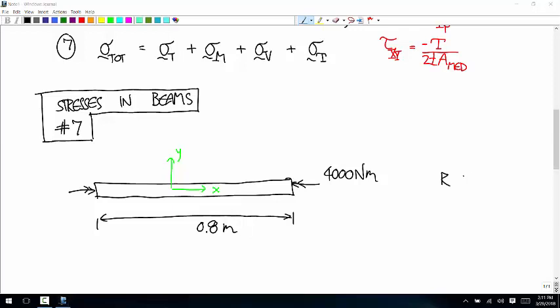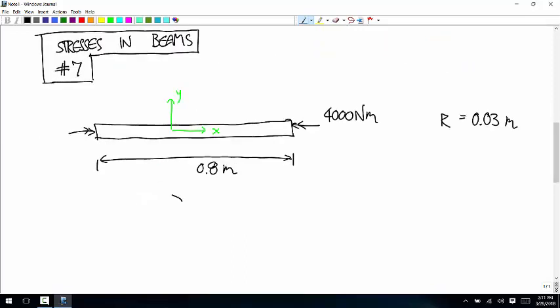The radius of the cross section is 3 centimeters. It doesn't matter what x value you're looking at because all the internal torques are the same. But for the cross section, we want to look at a bunch of points.